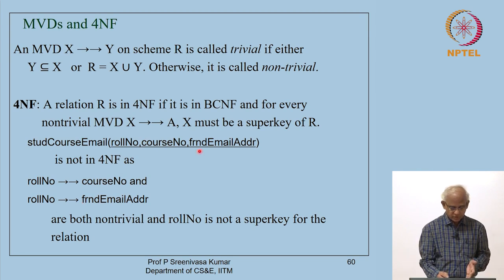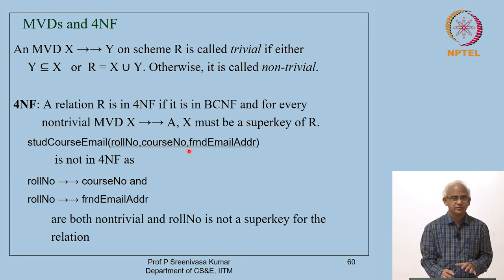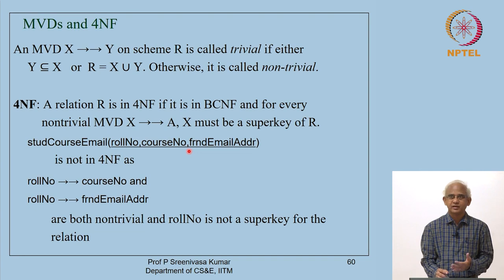So, what we now suggest is to decompose this into roll number, course number, and then roll number, friend email address. What I am trying to say here is interesting: left to ourselves, we will never naturally design this kind of relation. But if this relation came into the picture inadvertently in your design, then the machinery using functional dependencies cannot detect any problem with it.